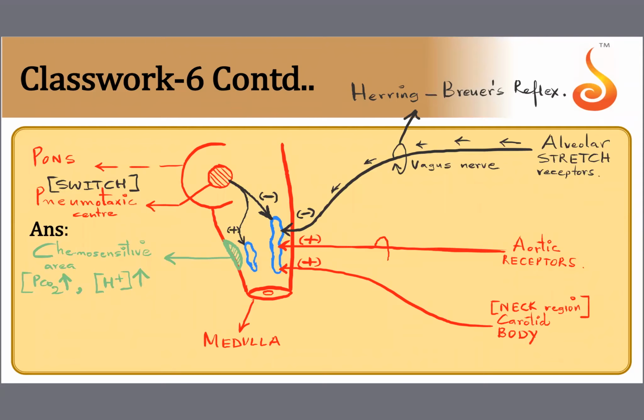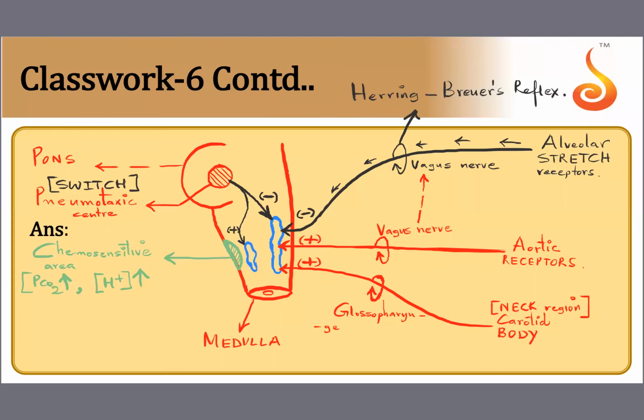The nerve that carries the signals from the aortic receptor is again the vagus nerve. It's a branch of the same vagus nerve which is involved in the Hering-Breuer's reflex. Whereas this branch, which is coming out of the carotid body, a structure associated with the carotid artery in your neck region, is a branch of your glossopharyngeal nerve.